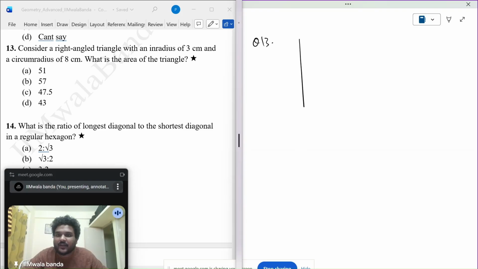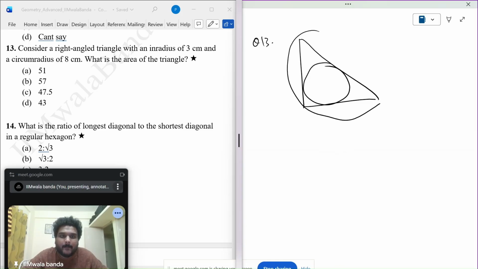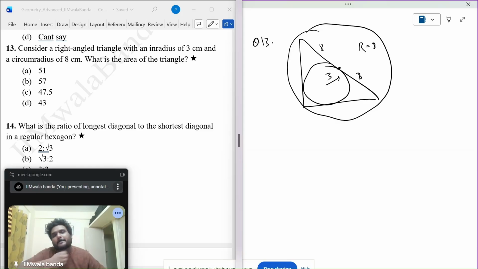Consider a right angle triangle with inradius 3 and circumradius as 8. So circumradius means that this is also 8 and this is also 8.